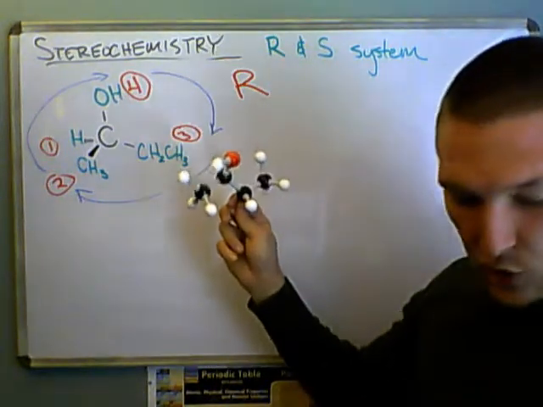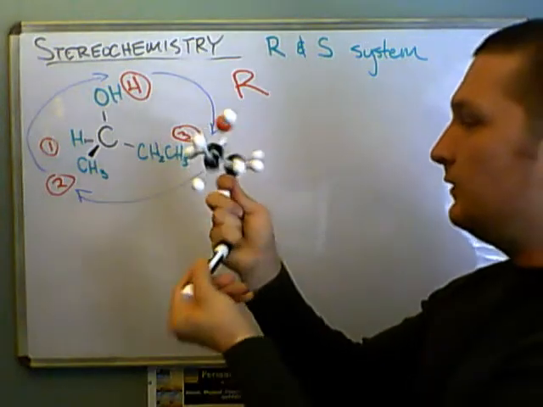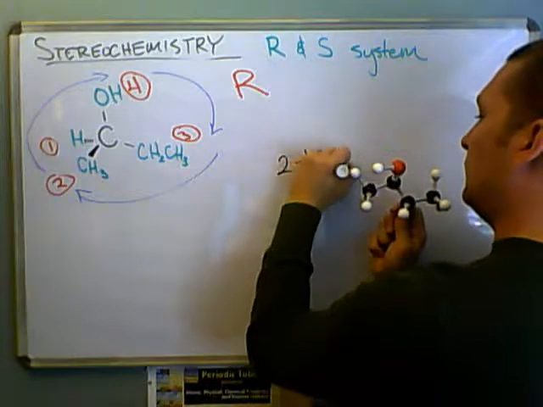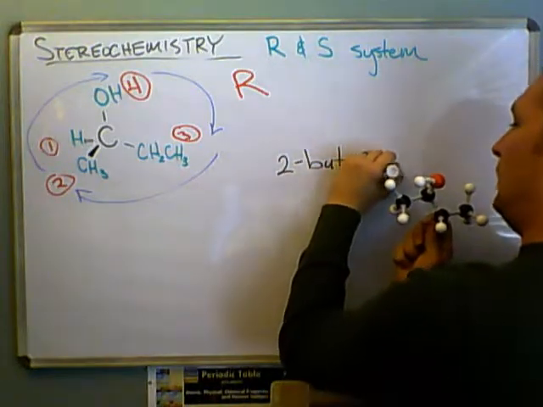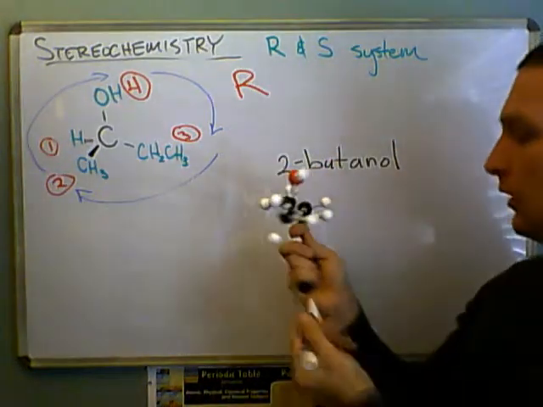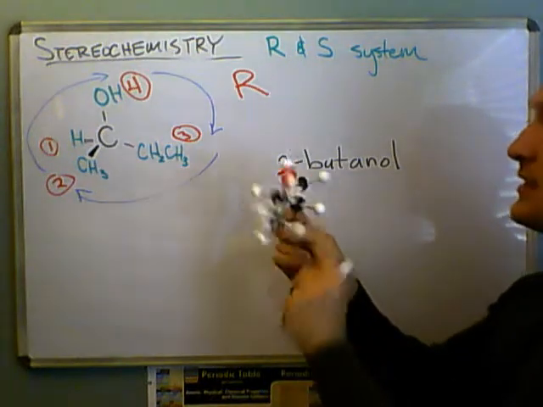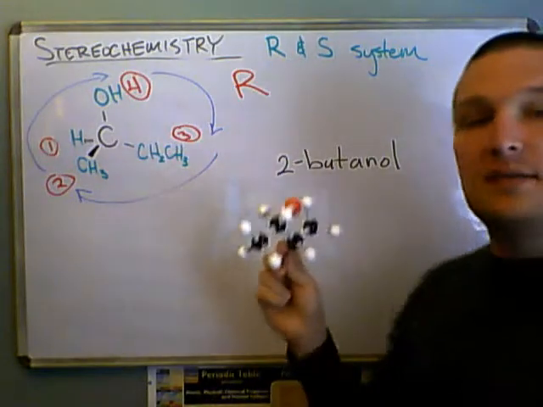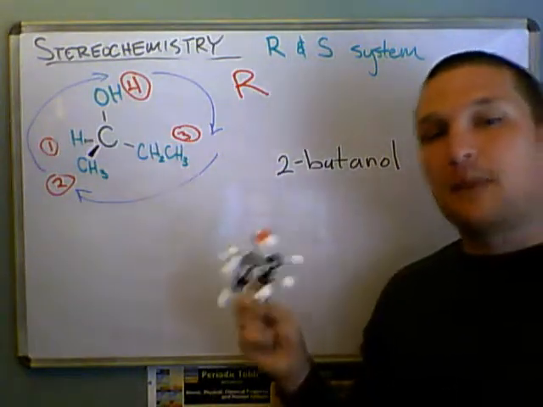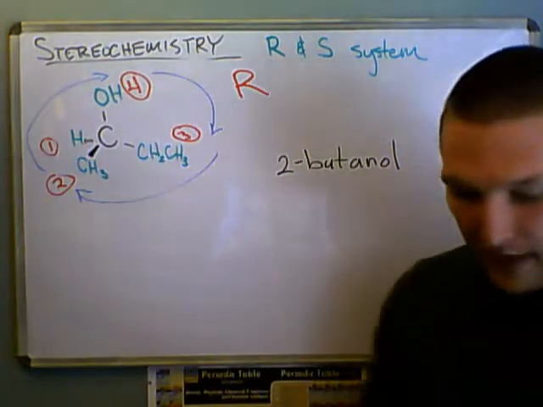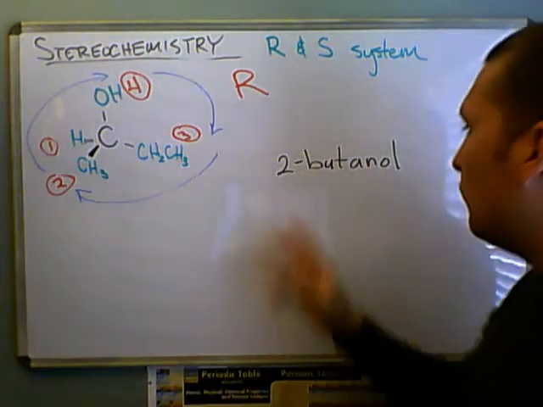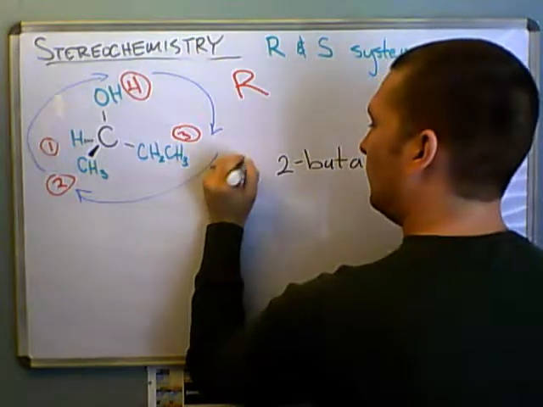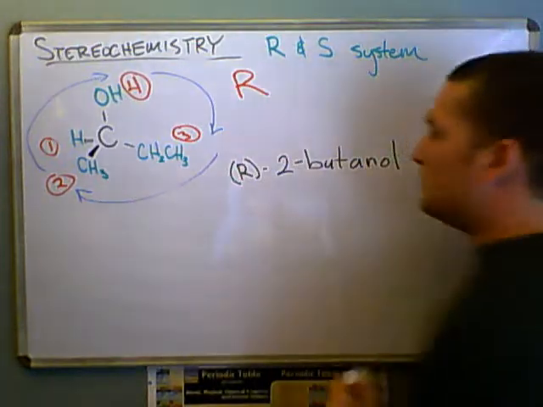So that's going to be a 2-butanol of some kind. So that's 2-butanol. But since there's a stereocenter, right, or a chirality center on this molecule, we have to designate, is it R or S? And we went through all of that. And so the way that you would write this down, the name of this molecule would be R-2-butanol.